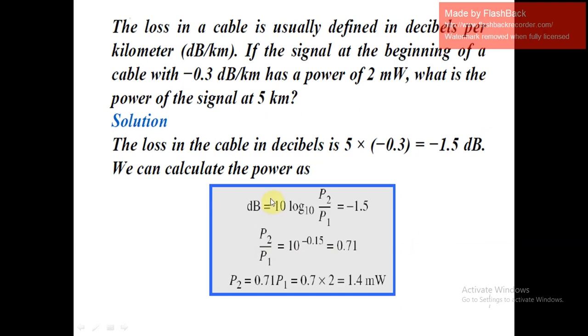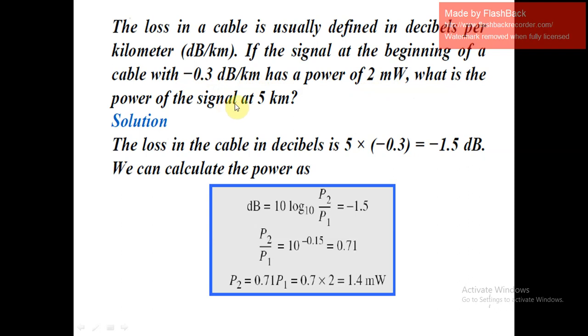Okay, let's go through another problem. The loss in a cable is usually defined in decibel per kilometer, so dB per kilometer, not only dB. The signal at the beginning of a cable has a loss of minus 0.3 dB per kilometer, and the initial power is 2 milliwatt.